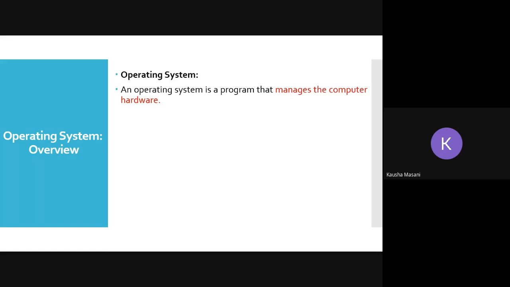In short, it is a program that manages your computer hardware. Another thing it does: it provides a platform for your application programs, your software programs which are running in your devices, whether desktop, laptop, phones or tablets.